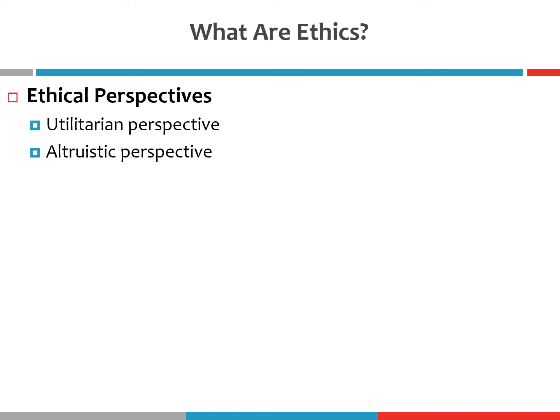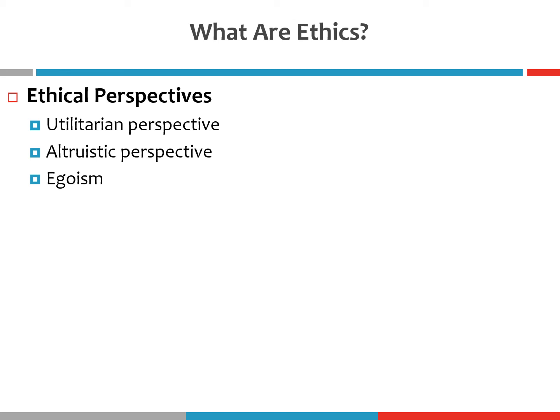maybe an altruistic perspective would also say that it's selfish to prioritize the well-being of one's own grade over the benefit to one's friend. So it's a little more ambiguous what solution the altruistic perspective would promote. And lastly, there's the egoist perspective, or egoism, which is pretty self-explanatory.